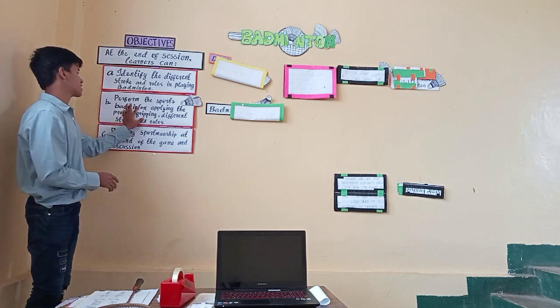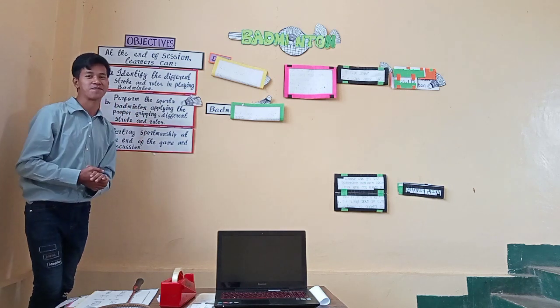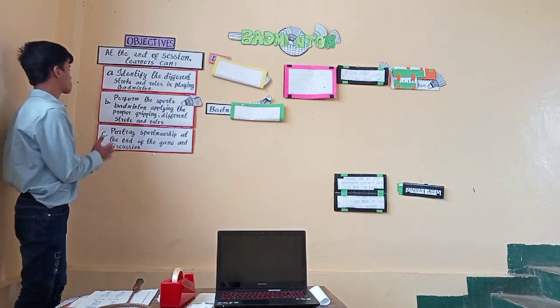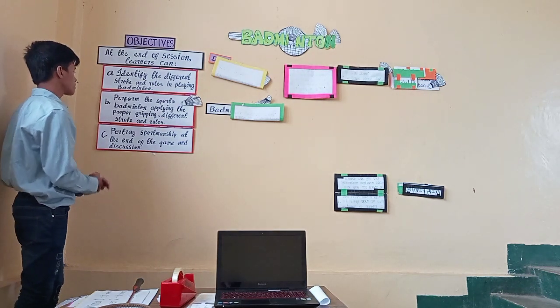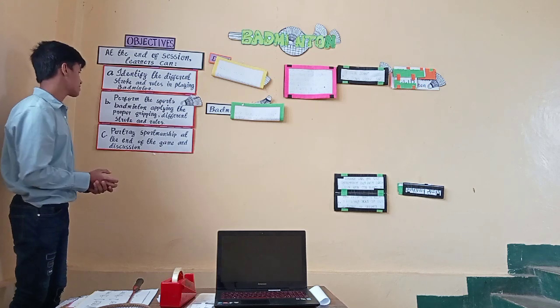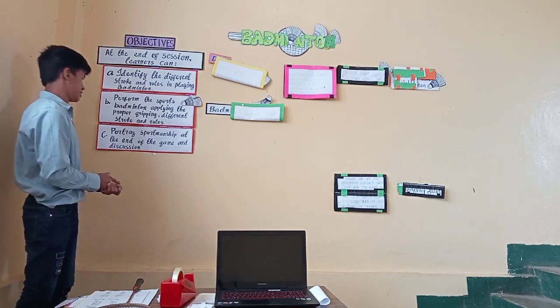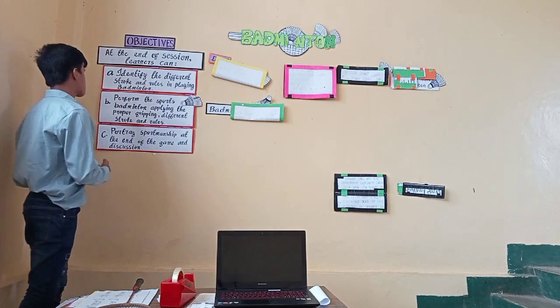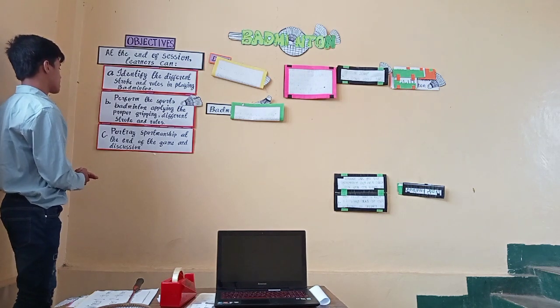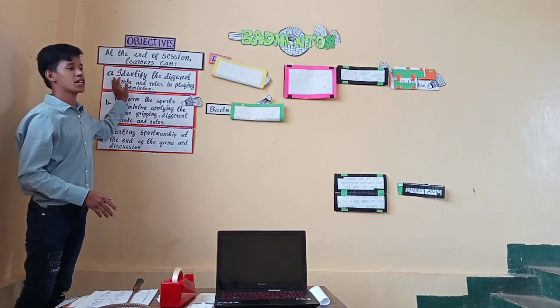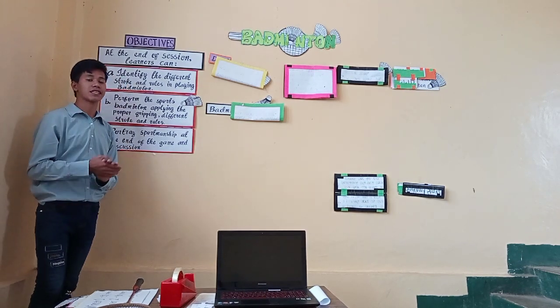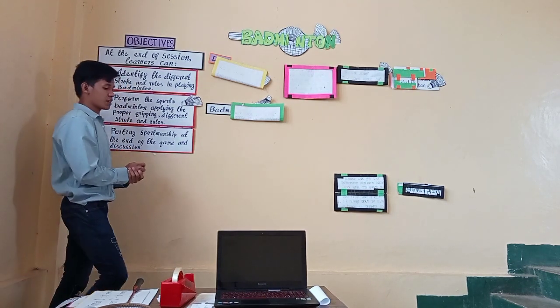Second, kindly read, Mr. Duca: perform the sport badminton applying the proper gripping, different strokes, and rules. Next is portray sportsmanship at the end of the game. These are the main objectives at the end of our discussion.